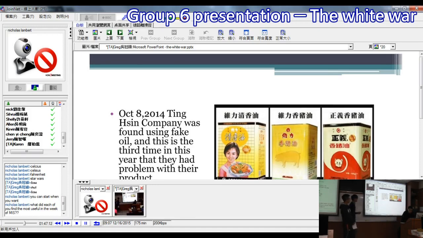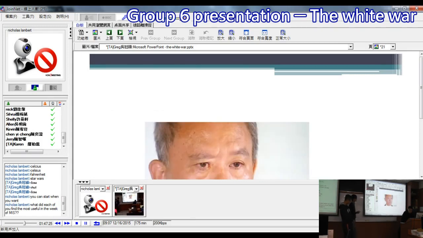This was the third time they were found to have problems with their products, and Taiwanese got very angry because they continued cheating the consumers.